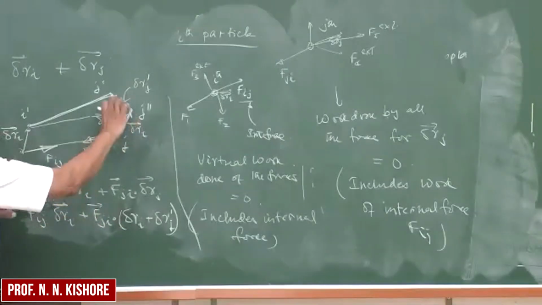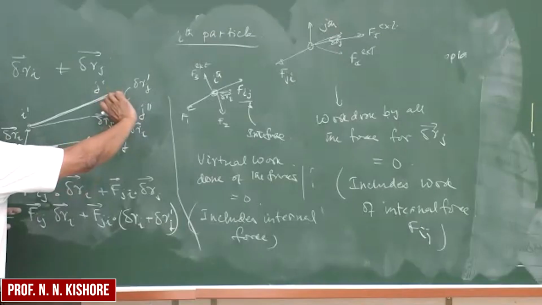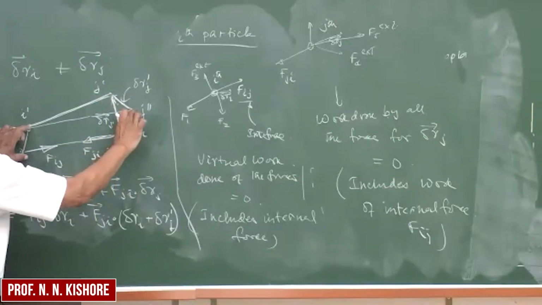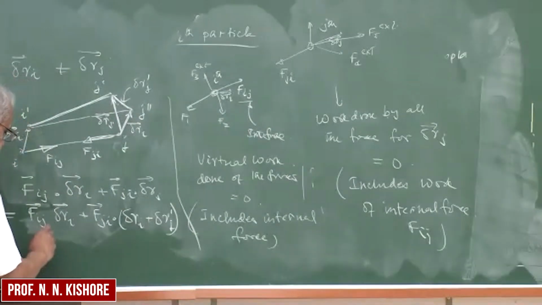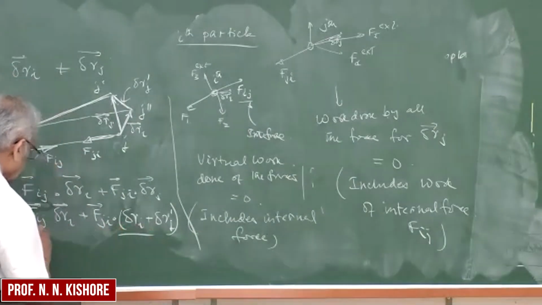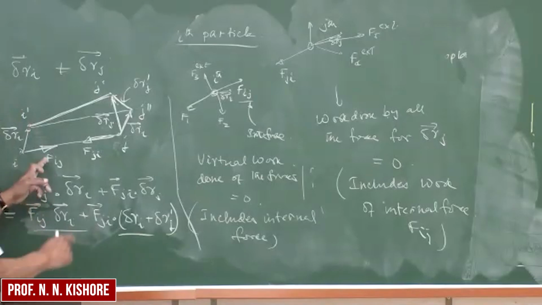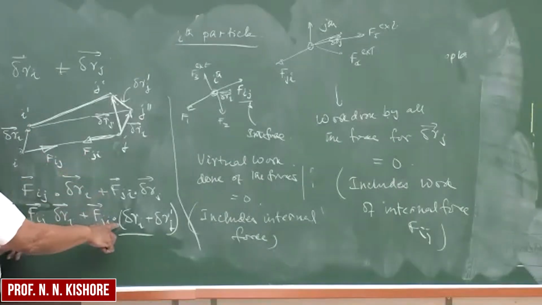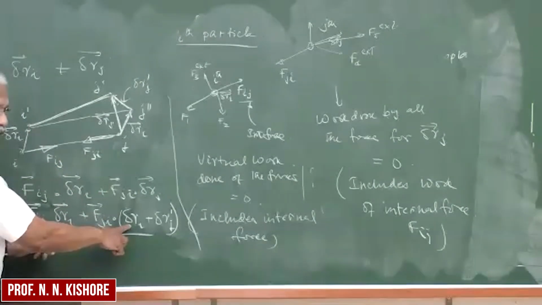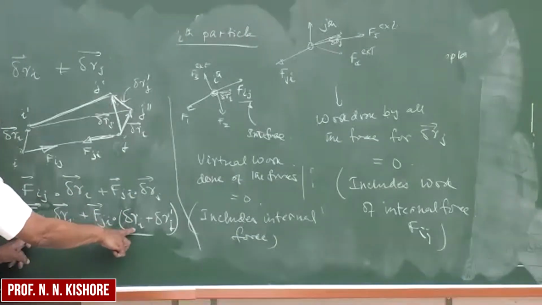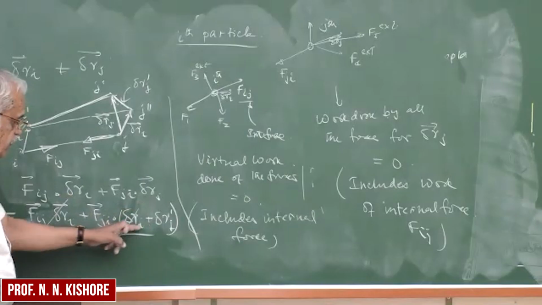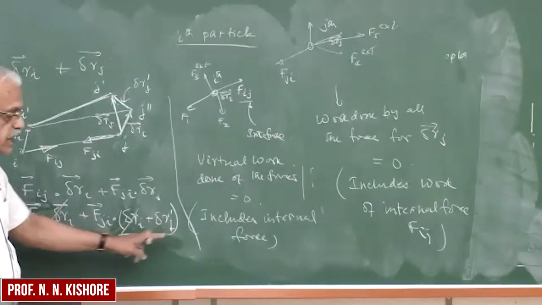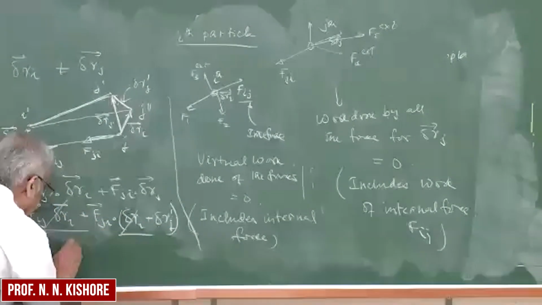So now this total displacement is written as delta Ri plus delta Rj prime. We can see very clearly that the first term here gets cancelled with this one, because Fij and Fji are equal and opposite and delta Ri is the same. So that leaves Fji dot delta Rj prime.